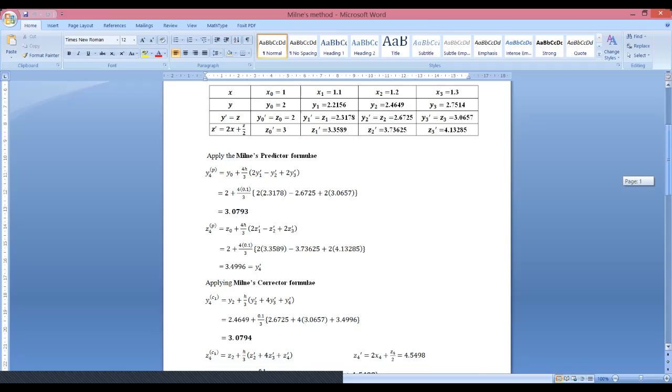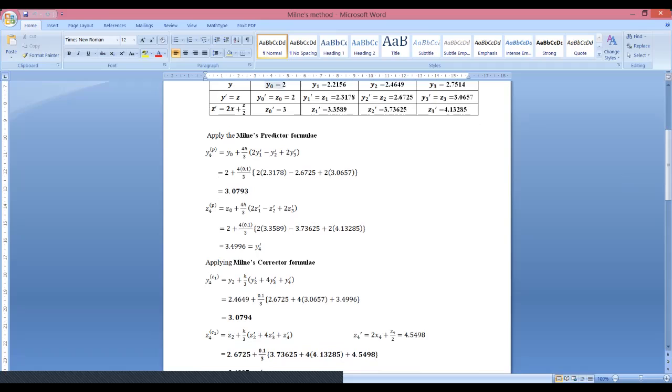Now how to calculate z4 dash? z dash is nothing but 2x plus z by 2. We already know it. Now z4 dash we want. So it's written here, z4 dash is 2 times x4 plus z4 by 2. Substitute the value of x4: x3 is 1.3, that means x4 becomes 1.4, and the z4 value is nothing but the predicted value of z4 that we have just now obtained.